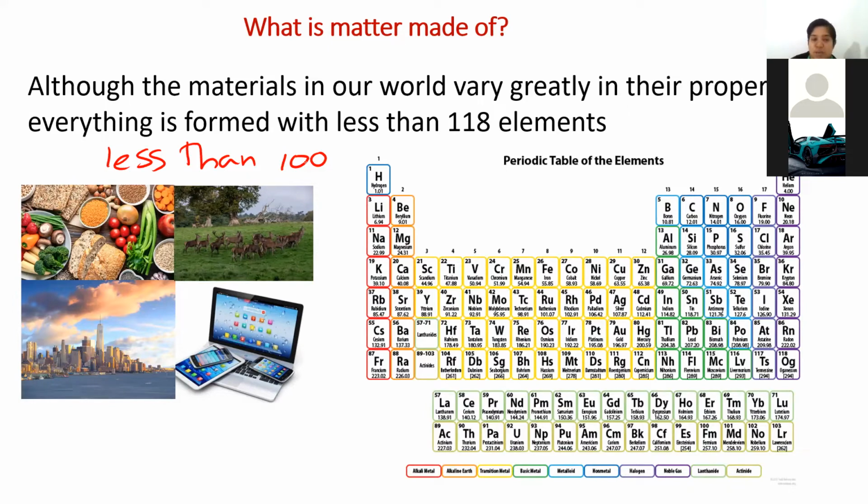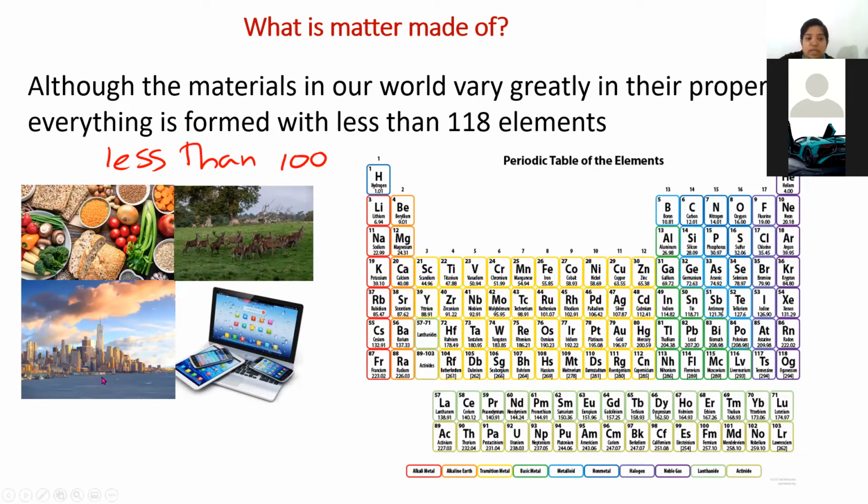So how does that happen? It basically happens through the way they combine: how many atoms combine together, how they pack together, how one interacts with the other. That is what gives us this huge diversity. Now, even though we have this periodic table with a lot of elements in it, we don't go over everything in this syllabus.